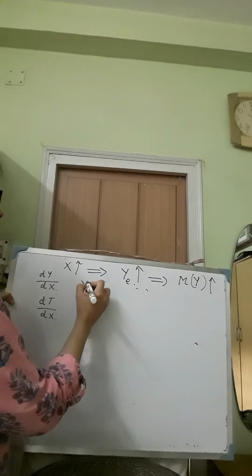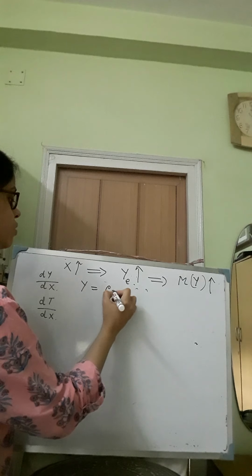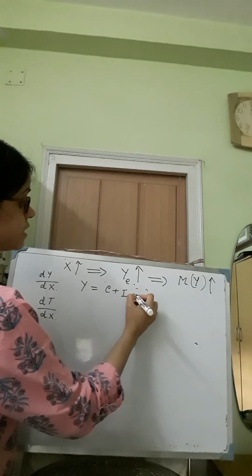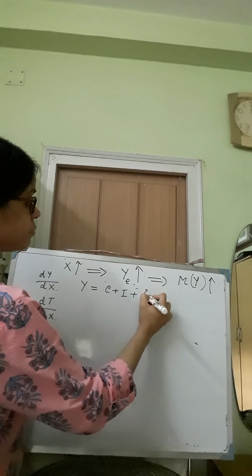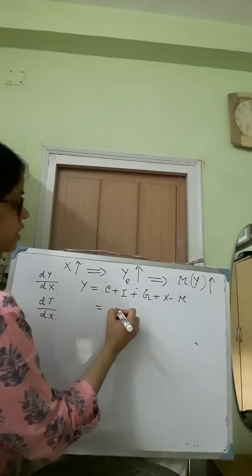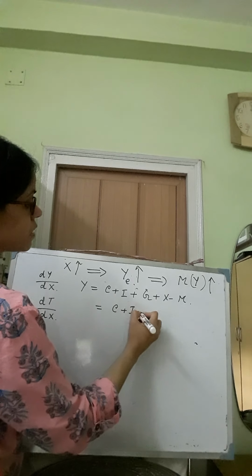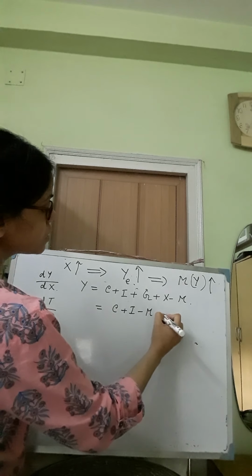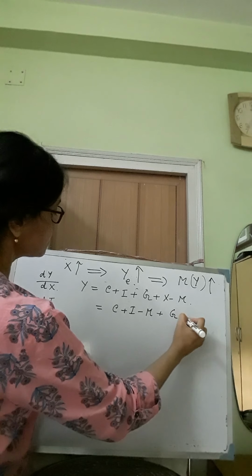So we are considering the national income identity: y is equal to C plus I plus G plus x minus m. From here we can write y is equal to C plus I minus m plus G plus x.